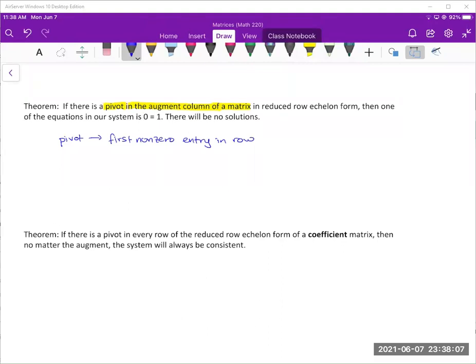So what does that mean? That means that looking at this row, let's write down an example of this row. We're going to have all zeros, 0, 0, until we get to the augment, at which point we have our pivot.